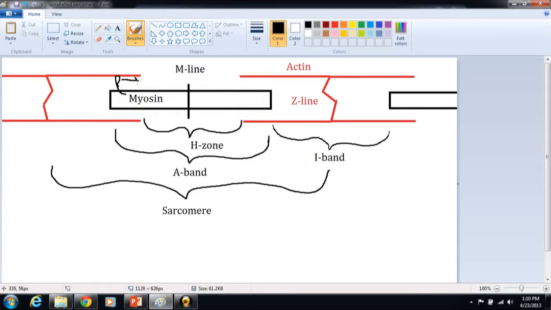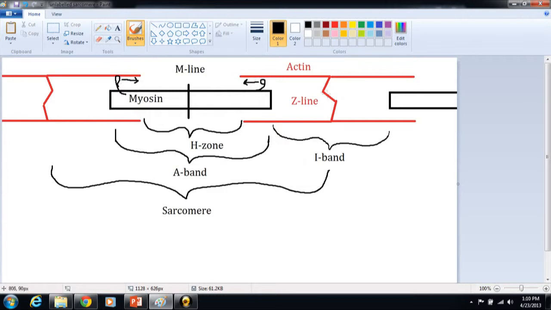They use ATP to pull the actin towards the M line. Okay, and there's another myosin head on the other side. Well, there's lots of these myosin heads throughout the myosin, but they act in opposite directions on opposite ends. So this myosin head is pulling actin filament this way. This myosin head, or the myosin heads on this side, are pulling actin this way.